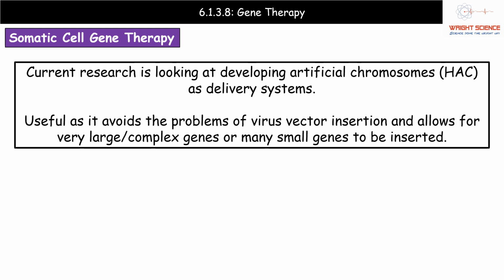The reason that we're looking at developing these is that we would then avoid those problems of the virus vector and its insertion, and it has another bonus: we could actually use very large or complex genes, or if there's a condition that's regulated by more than one gene, we could insert a whole range of them together on this artificial chromosome that we have created in the lab. It's still relatively early days on this one, so watch this space and we shall see what happens.